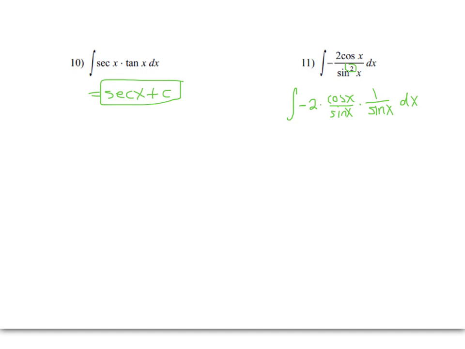So I'm just separating basically what this is into 2 different fractions, because if I know my identities, cosine over sine is cotangent, 1 over sine is cosecant, and this has an integral. The integral of cotangent x cosecant x is negative cosecant x, and since this has a negative 2 in front, that's going to make it positive 2 cosecant x plus c.